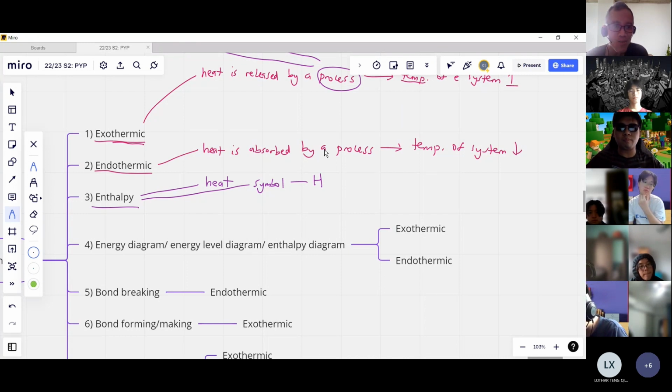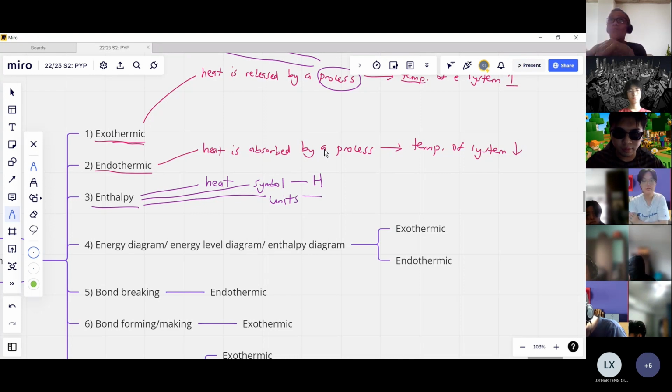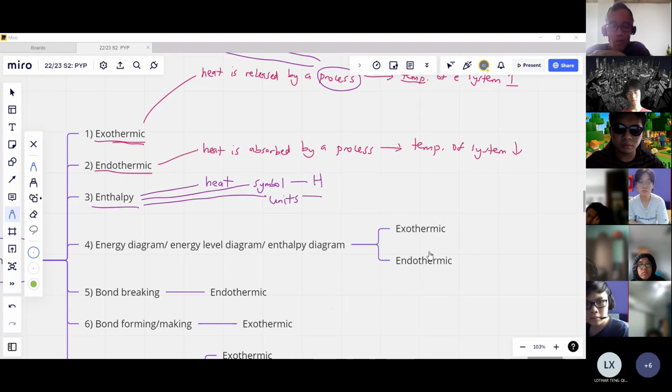And guess what? Entropy has units too, which of course you have to know. What are the units for entropy? In fact, you guys should know. You should have learned it before. Ziming, are you there? What are the units for entropy? Or what are the units for heat?